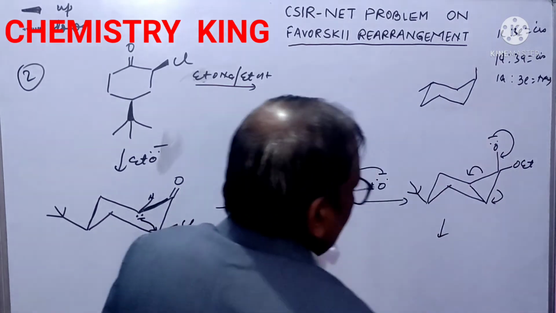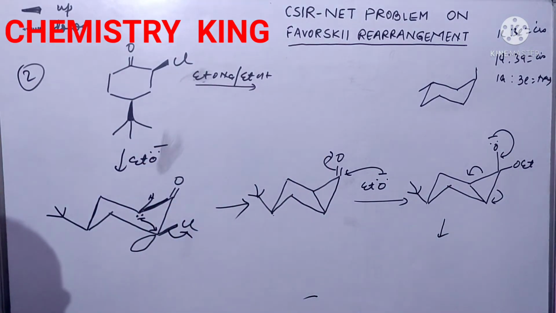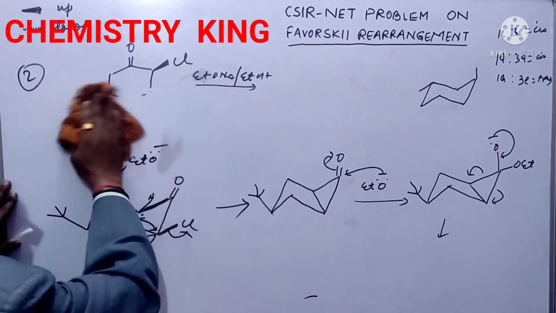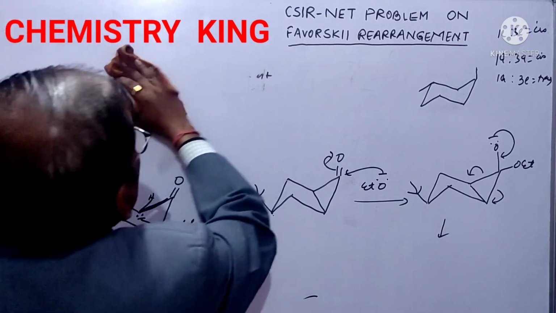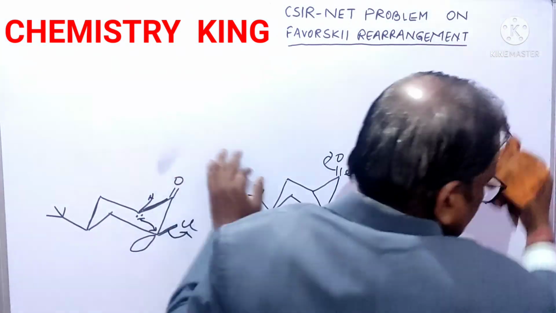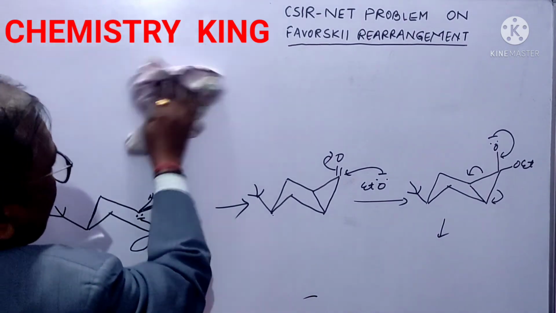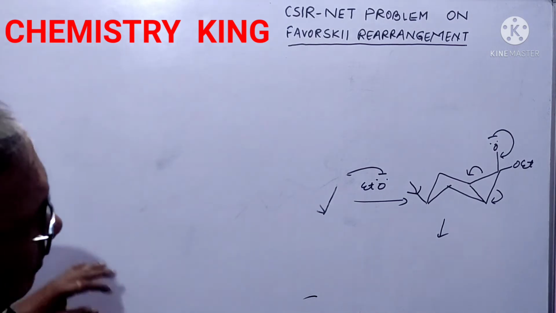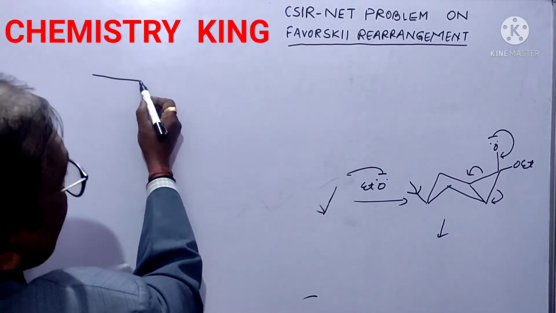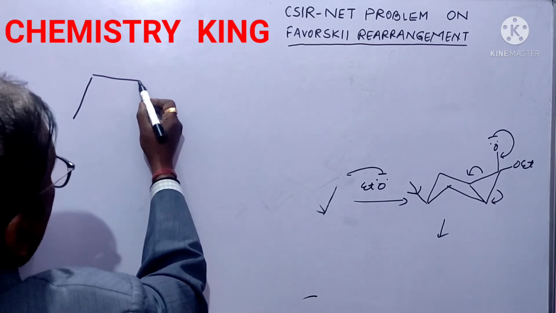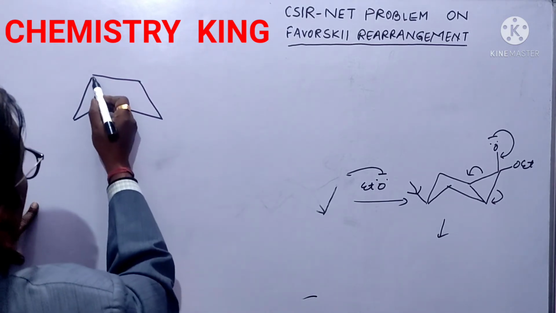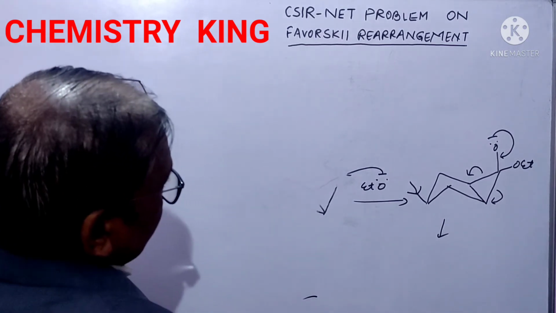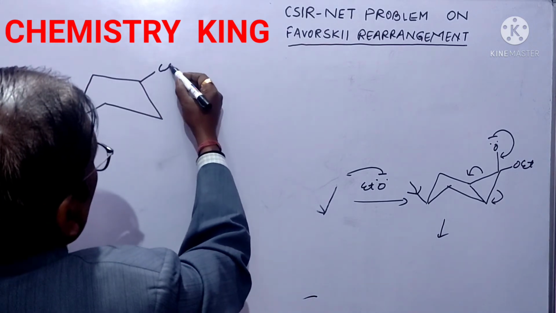So the product will be the same if you break either of these two bonds. So what are you getting? This, a five-member ring, and the ester group will be COOEt.